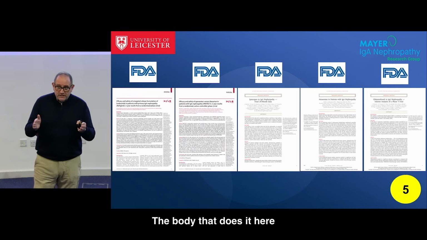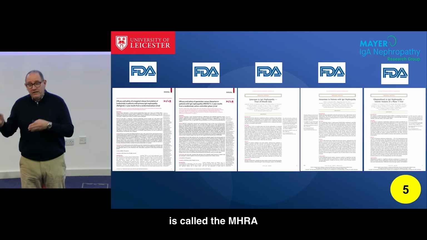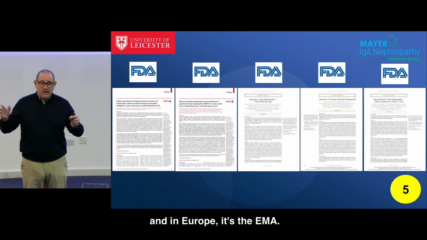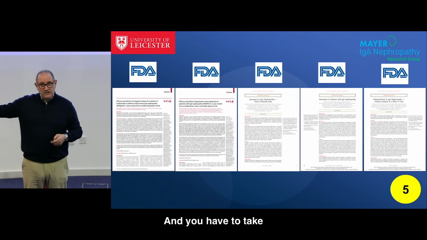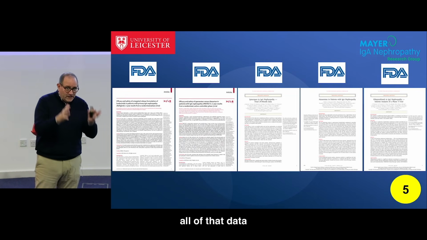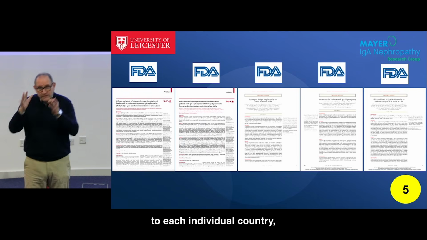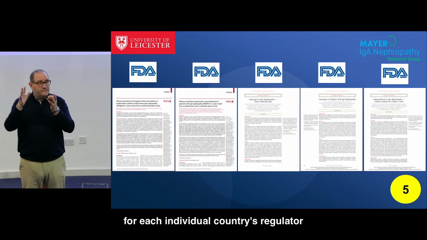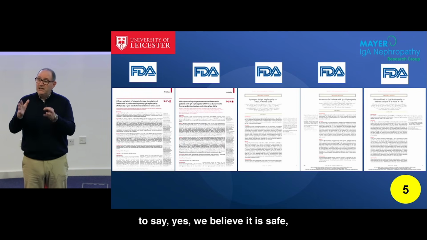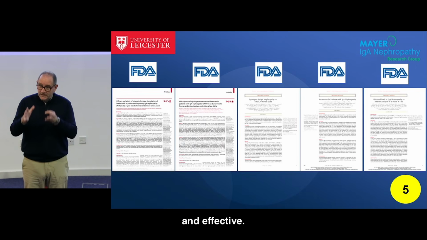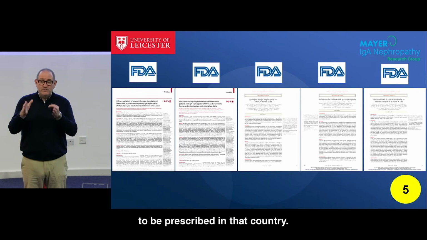The body that does it here is called the MHRA, and in Europe it's the EMA. And every country has its own regulator. You have to take all of that data to each individual country's regulator to say, yes, we believe it is safe and effective, and it is allowed to be prescribed in that country.